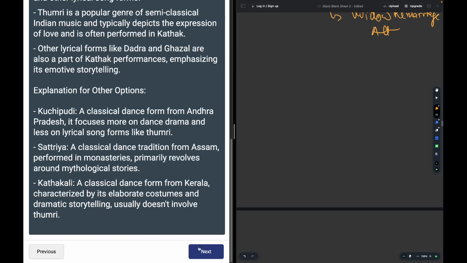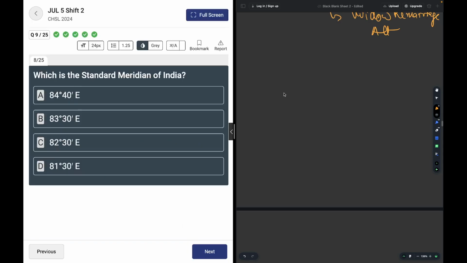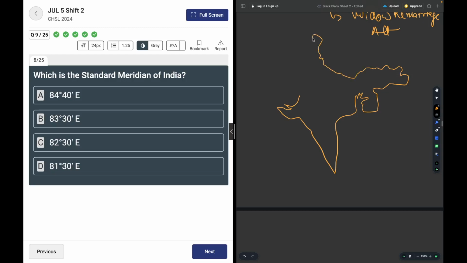Moving on. What is the standard meridian of India? Okay, just drawing a very rough map of India. I always start with the J and K here, and then all the other seven sisters, then Nepal here, and our crown jewel, that is J&K, then the Thar Desert and everything.